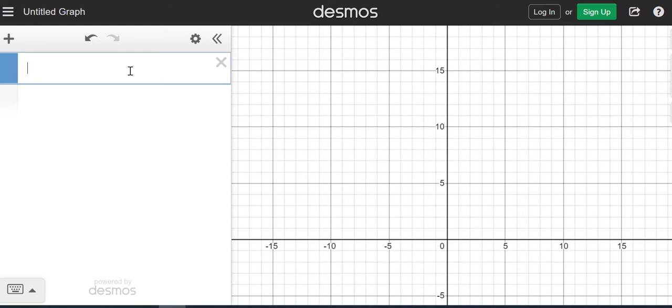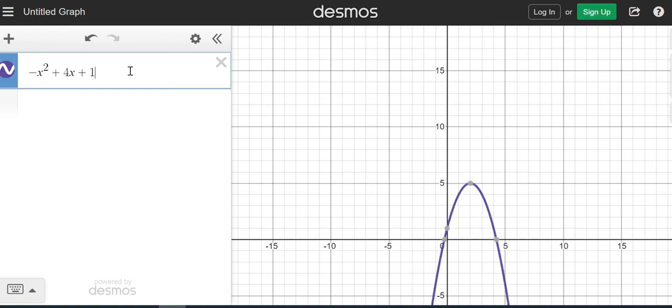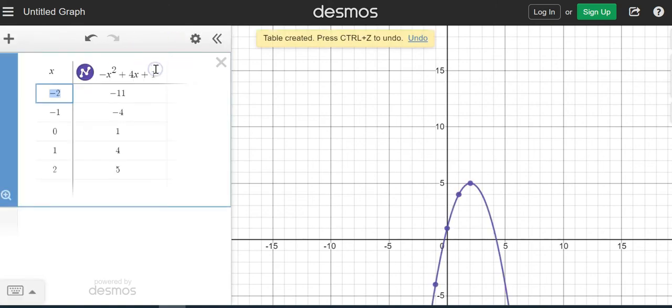All right, it's negative x squared plus 4x plus 1. And if I need a table of values, I just click the gear and click the table. Now I don't need negative 2, 11.